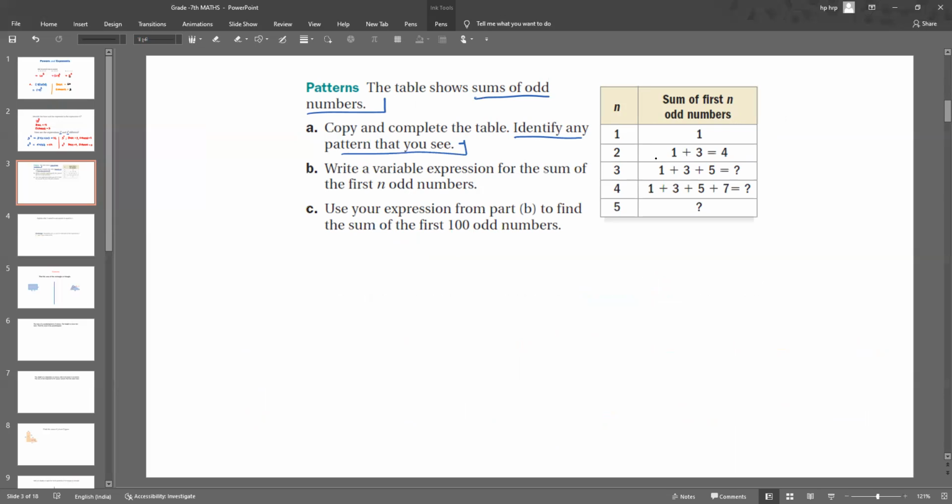First of all, you have to identify the pattern. Second, you have to write a variable expression for the sum of the first n odd numbers. And third, use your expression from part B to find the sum of the first 100 odd numbers. So how can we identify?